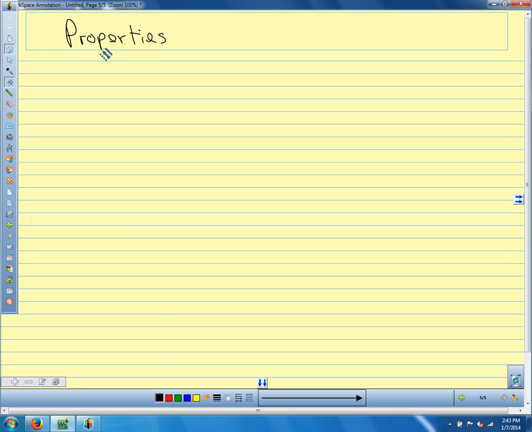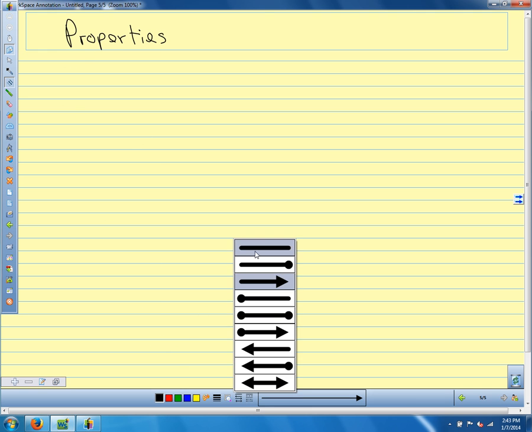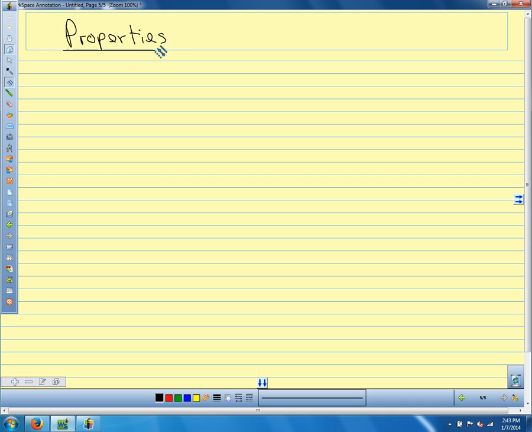And our properties are for vector addition and scalar multiplication. We'll have other properties for other things that we do. So for these, U, V, and W are vectors, and C and D are scalars.